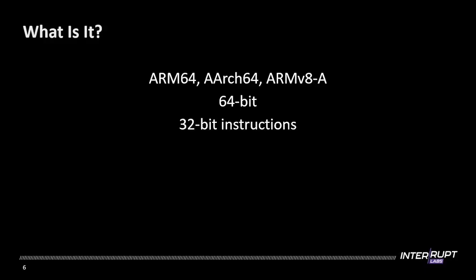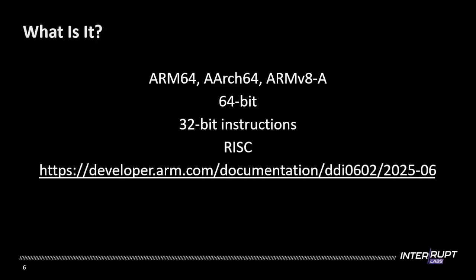Instructions are a fixed length, always 32 bits, and it's RISC, which is reduced instruction set computing, basically meaning it focuses on having a smaller, simpler set of instructions that can execute faster and with lower power consumption. For reference, this is a link to a list of instructions. We're going to look at the most common ones today, but there are a lot, and we can't go through all of them.